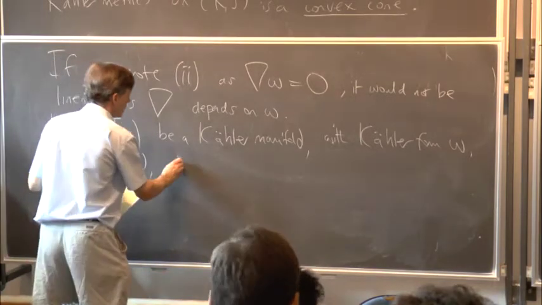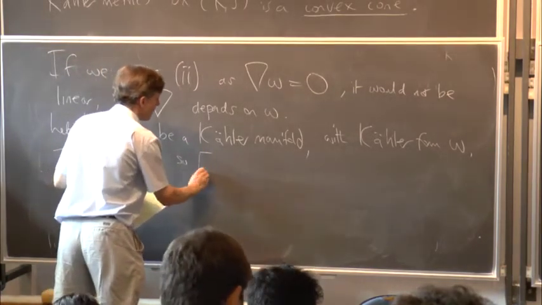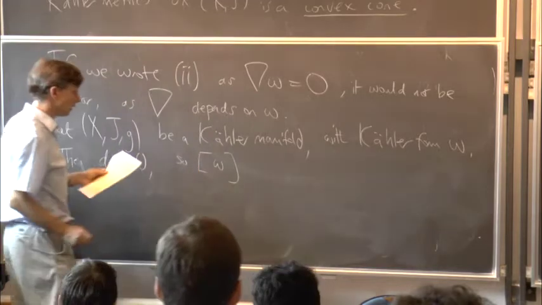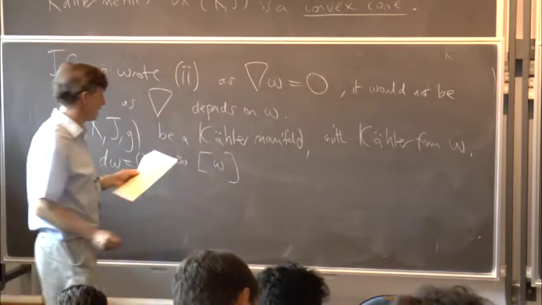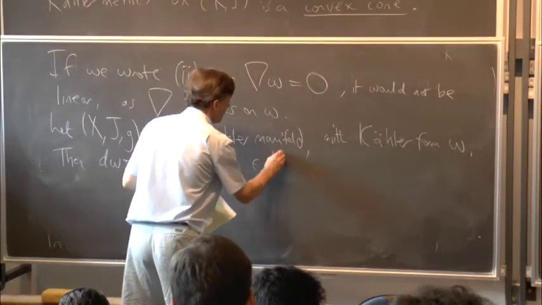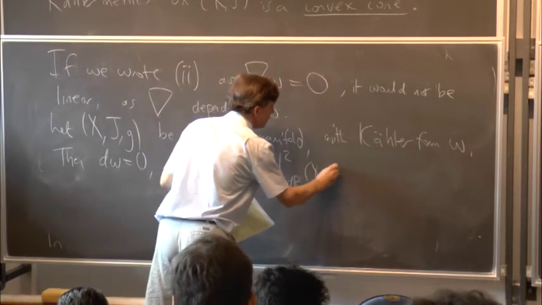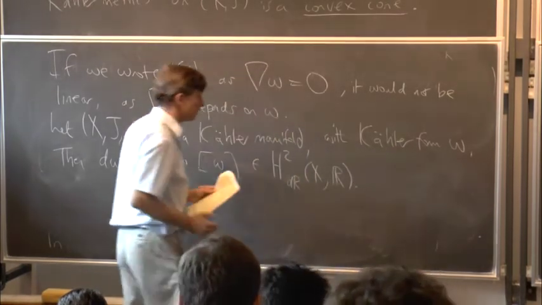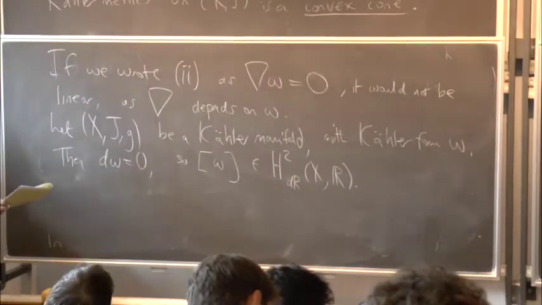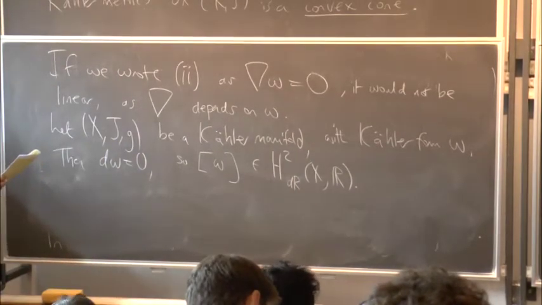So we can form the de Rham cohomology class [ω], which lies in H²_dR(X) over the reals. So we always get an interesting cohomology class out of our Kähler metric.